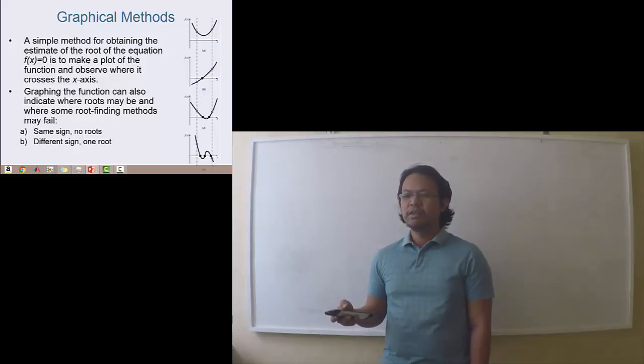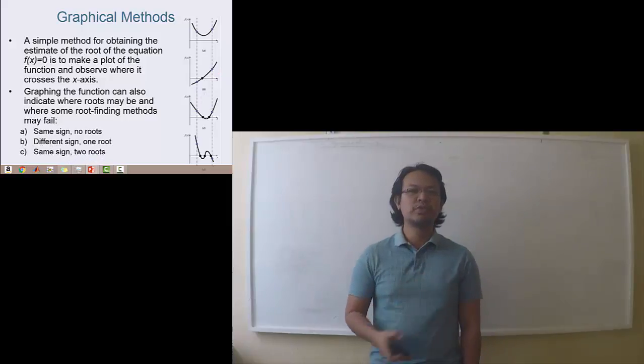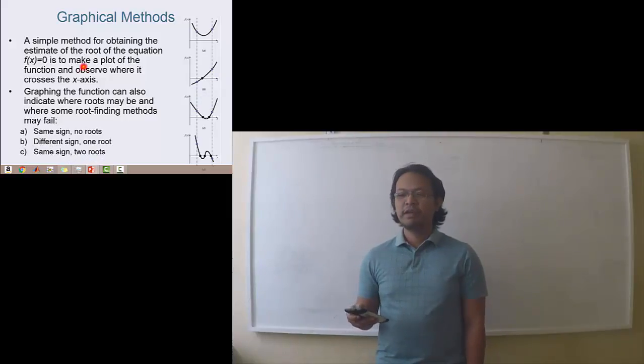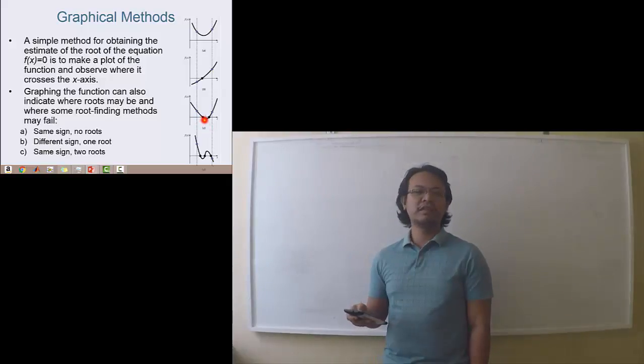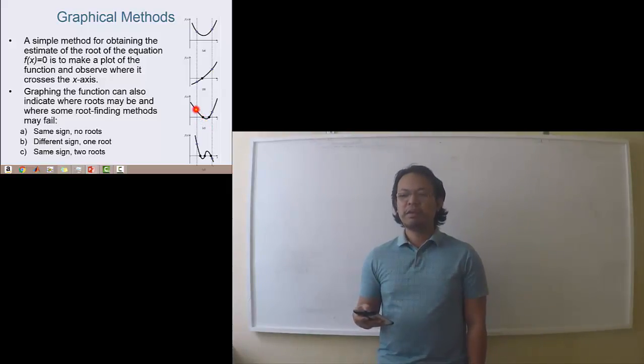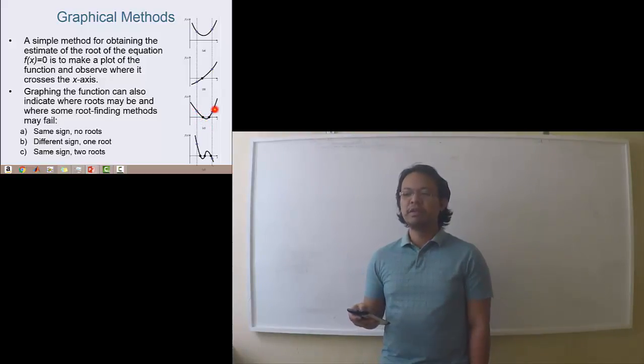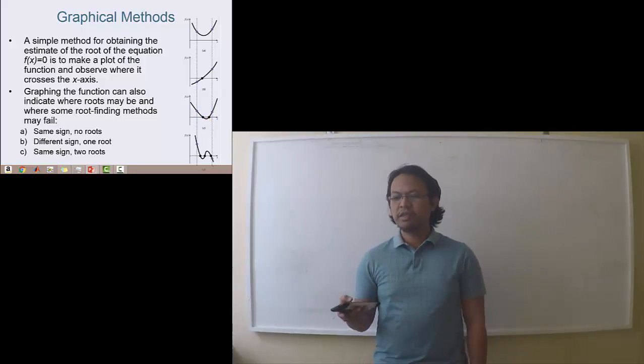Another is same sign, two roots. Here you have the same sign, and as you can see, the curve intersects the x-axis twice. So f of xl and f of xu are both positive, and there is a possibility that there are two roots. And lastly, different sign and three roots.